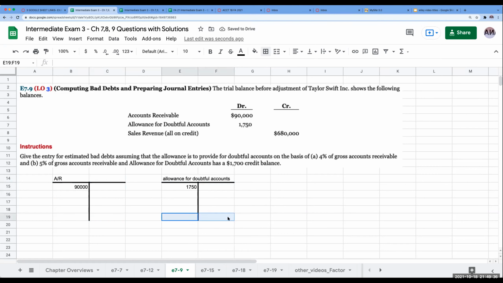The first thing we do when we're doing these accounts receivable questions is figure out what the ending balance should be. There are two methods that are acceptable under GAAP: one is percentage of AR, and the other is a percentage based on an aging of accounts receivable.